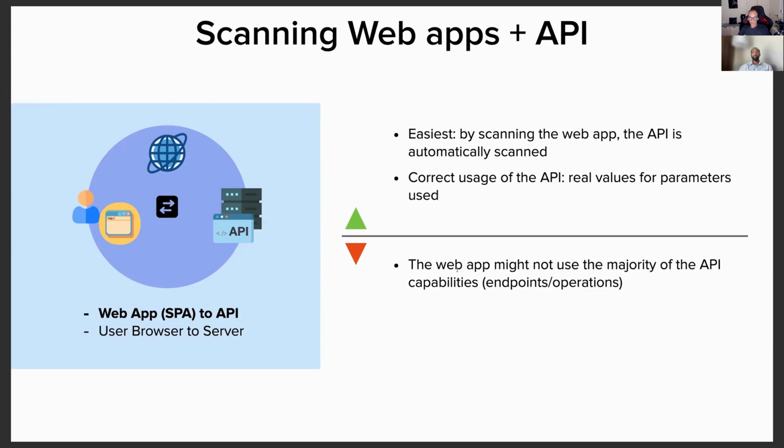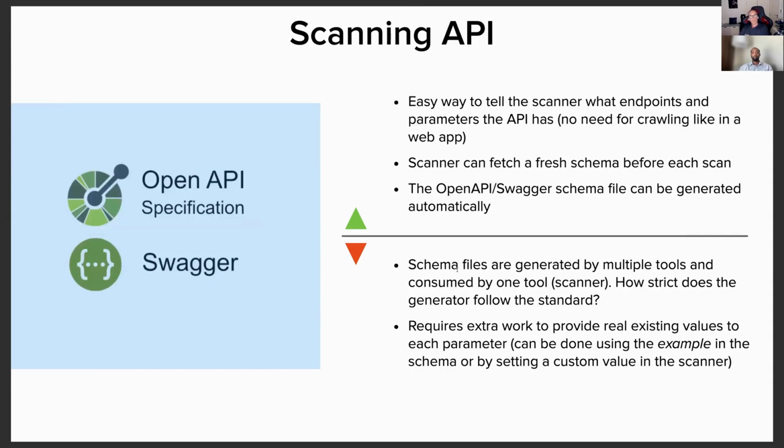The disadvantage of this is, of course, a matter of coverage. If the web app doesn't use the majority of the API capabilities, endpoints and operations, then of course it's not enough.